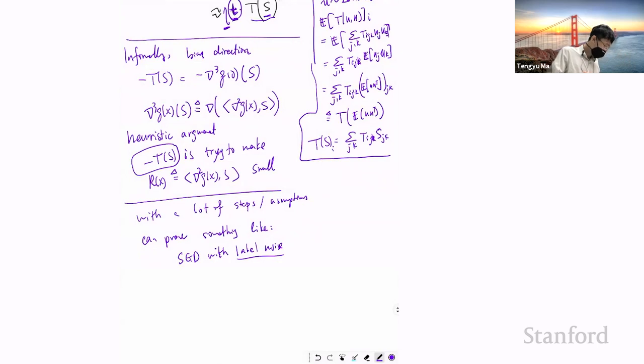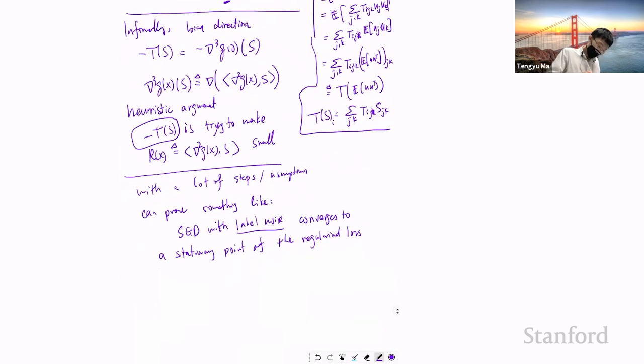It converges to a stationary point of the regularized loss, L hat plus lambda R, where R(theta) is roughly equal to the trace of the Hessian of the loss.